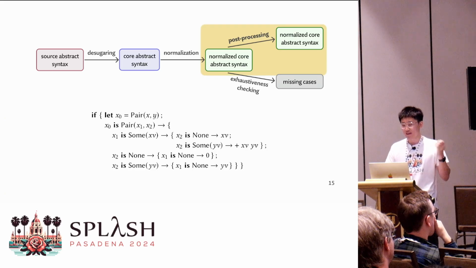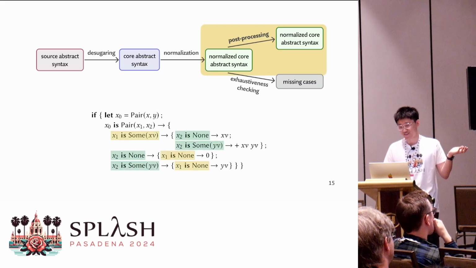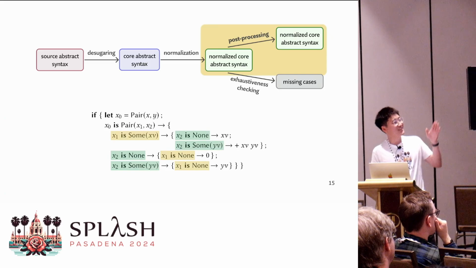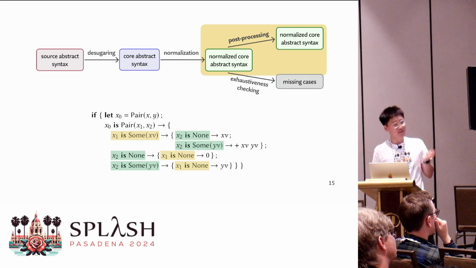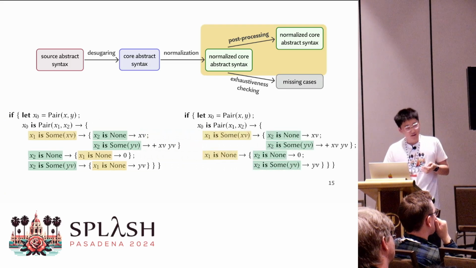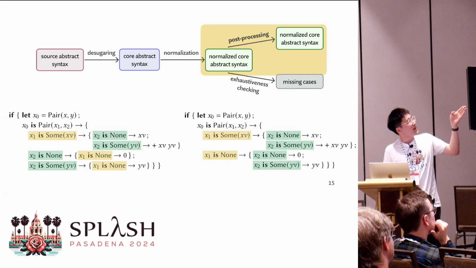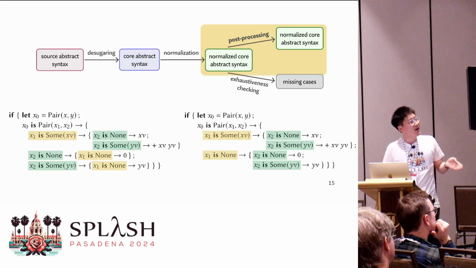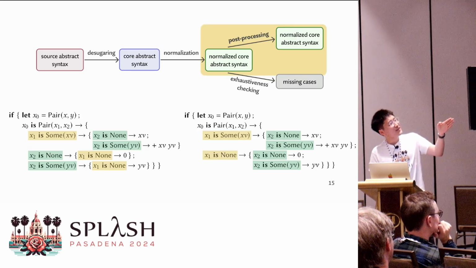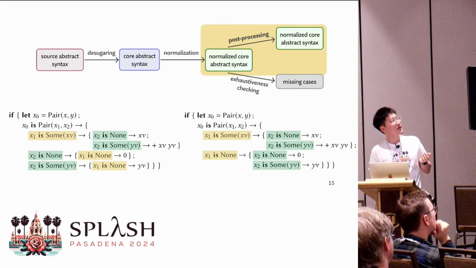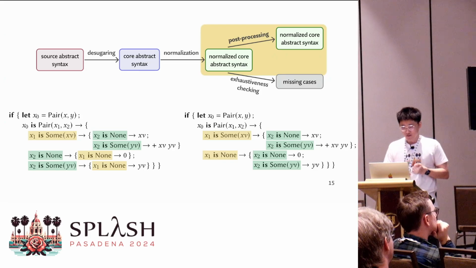So now let's look at a bad UCS expression first. So why it's bad? Because it doesn't match scrutinees at the same level. As we can see in the first level, we match x1 and x2 at the same time. So on the right-hand side is the outcome of the post-processing stage.